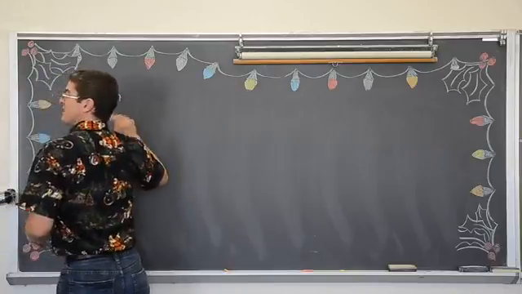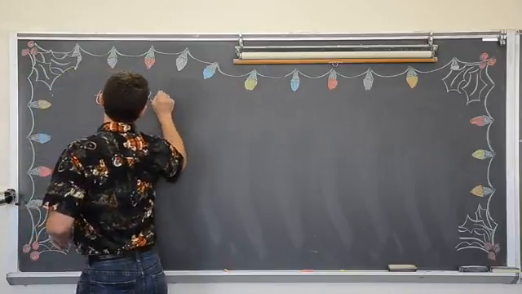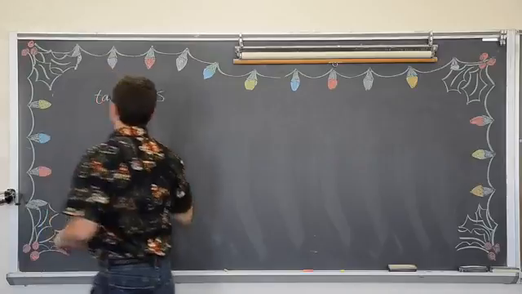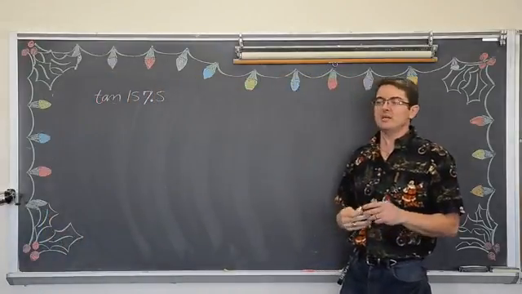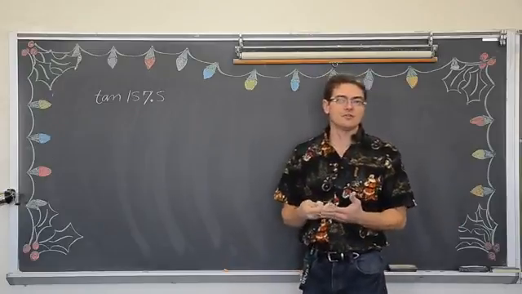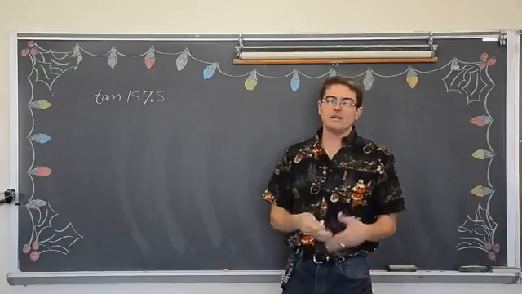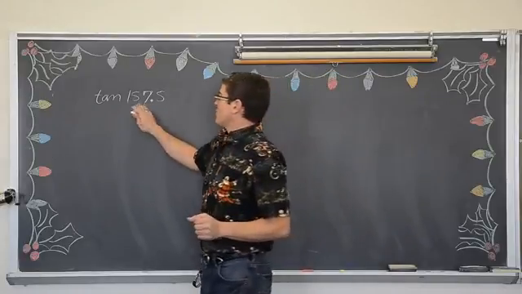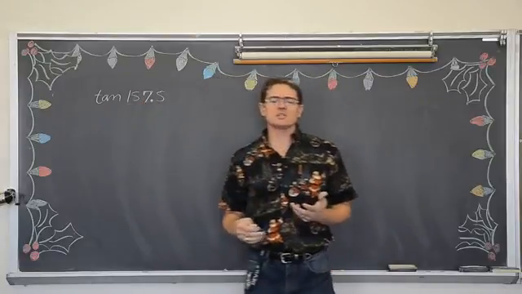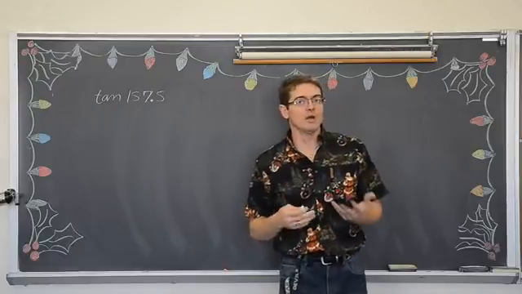The tangent of 157.5. Well, I don't know what your class has covered and what book you're using, but in my class we've already covered the sum and difference identities, the Pythagorean identities, and now the double angle and half angle identities. So we've already had some questions like this where they said, evaluate this expression and give it to me in exact form, no decimals.